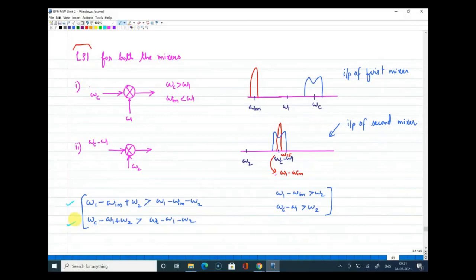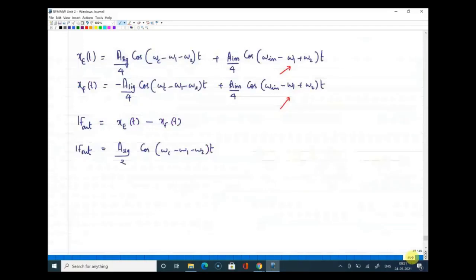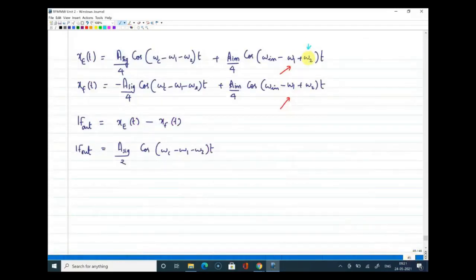Can I get some response in the chat box? Because what I understand is Naveshri, your question is after the equations what I have written xe and xf, I have considered these two frequencies. So you are thinking these are the higher frequency components and this should be eliminated, right?